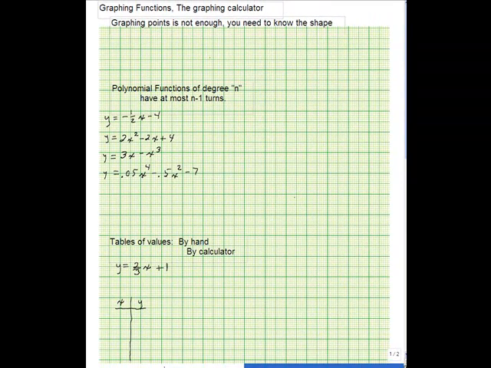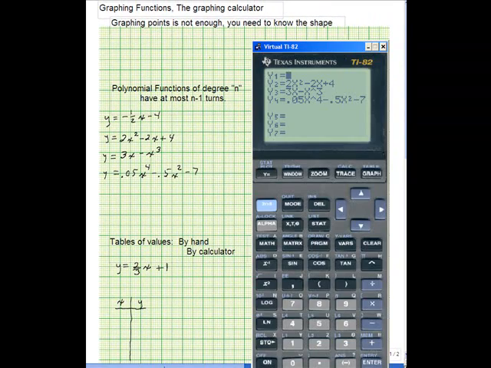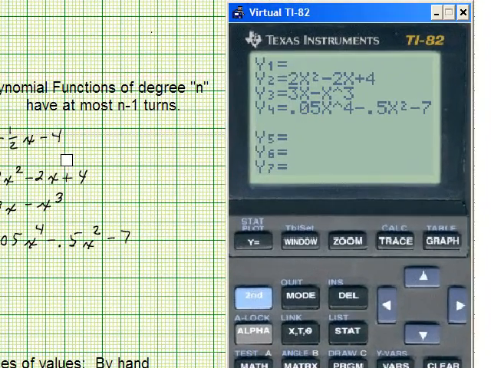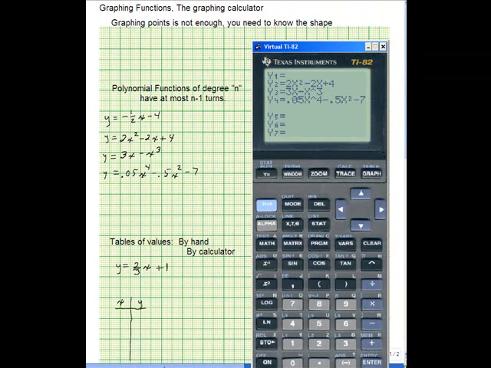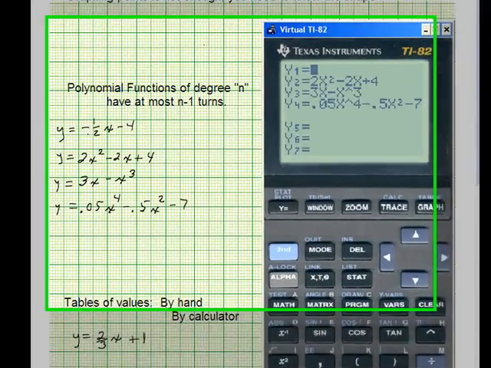As you can see, every time I touch the screen, the calculator disappears, so I have to keep bringing it back. Okay, let's take a look at how we would enter this. The reason I saved this one to enter last was because of this coefficient of x, negative a half.